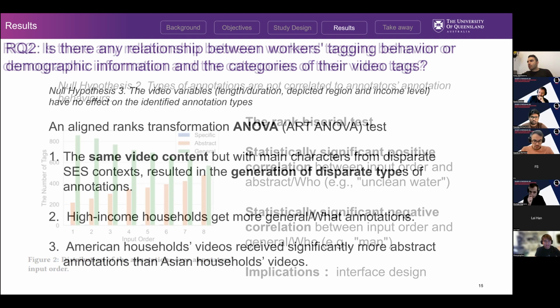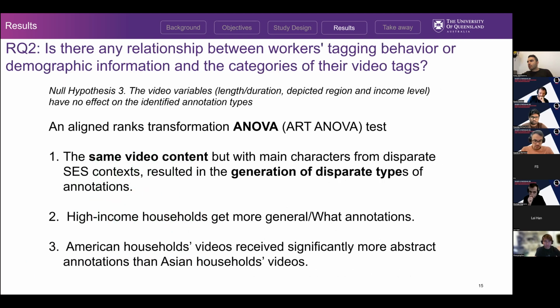And the third hypothesis is we try to find the radio variance. Like I mentioned earlier, the region and income level is not correlated with the annotation types. And we also found very interesting things.